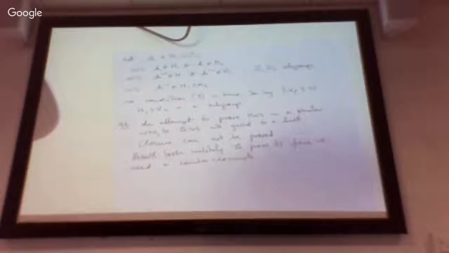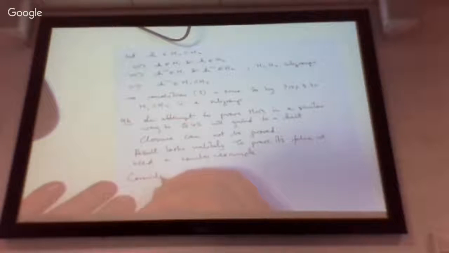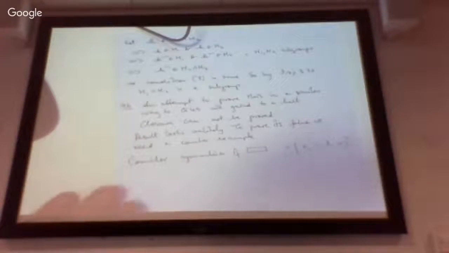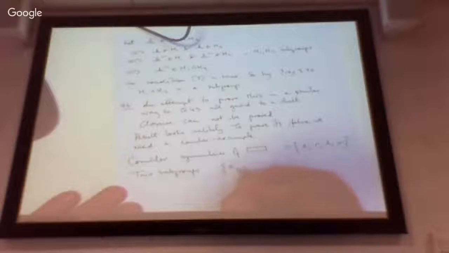And you can find one in that basic example we looked at, which was to consider the symmetries of the rectangle we looked at last time, which was the group consisting of the elements E, R, H, and V. Two subgroups are, well, we can take the identity and the reflection in the horizontal axis, and the identity and reflection in the vertical axis.